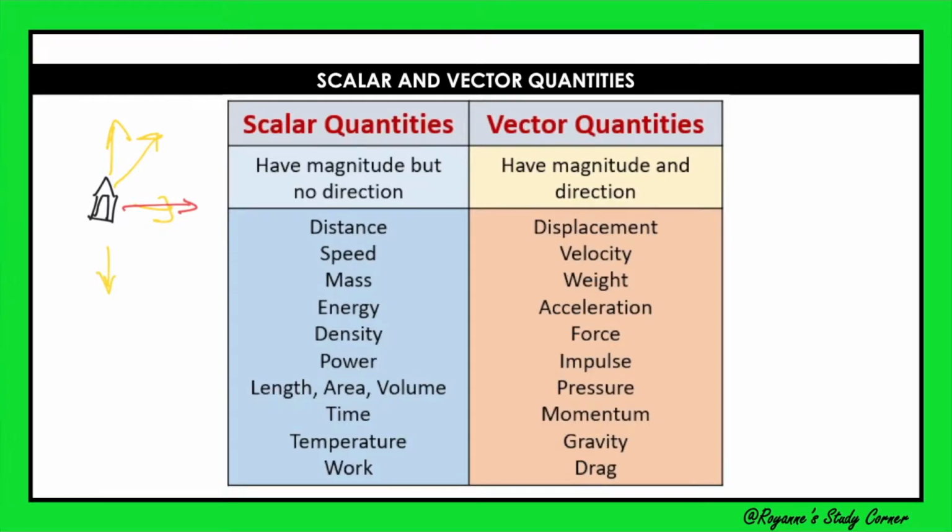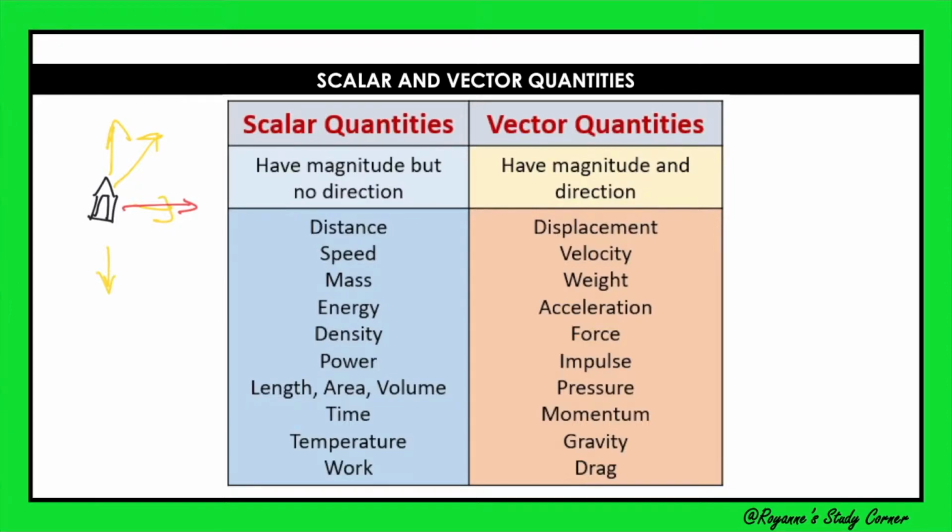The same thing comes into play for speed. You may think speed and velocity are exactly the same thing because, to be honest, we use them interchangeably in everyday life. But speed tells us how fast something is going, the distance it's covering in a certain amount of time. But it doesn't tell us the direction.